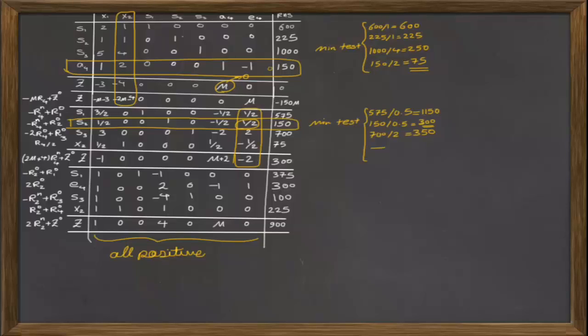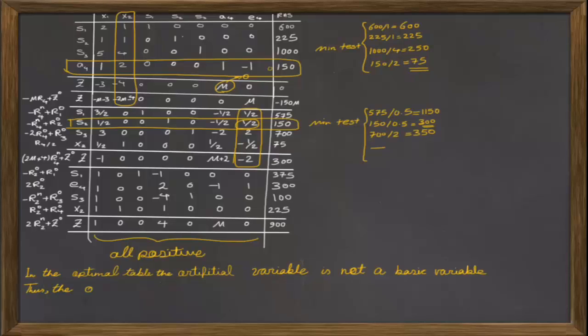We want that artificial variable to become 0. But here, since we do not see any artificial variable, we are at the optimal solution. So in the optimal table, the artificial variable is not a basic variable. Thus, the optimal solution is a feasible solution. Otherwise, we couldn't conclude that we have a feasible solution to this problem.